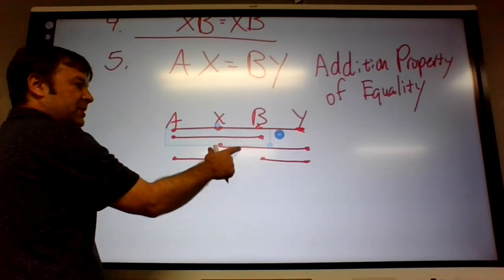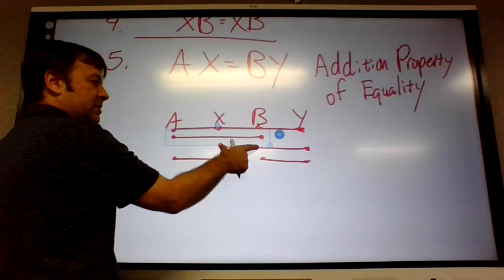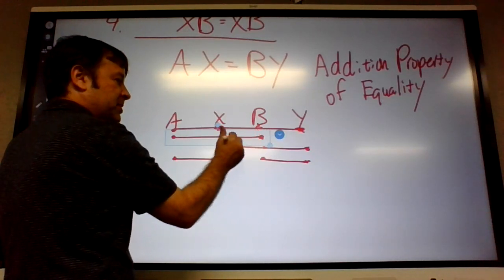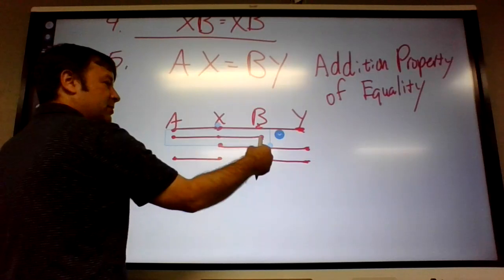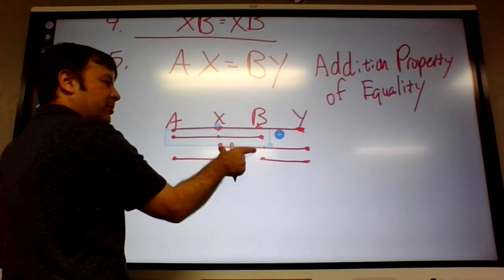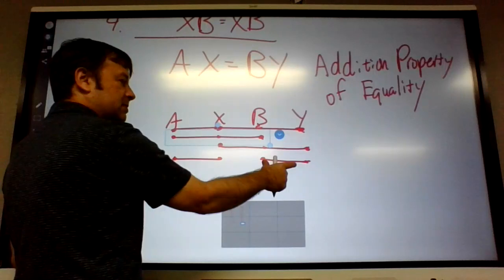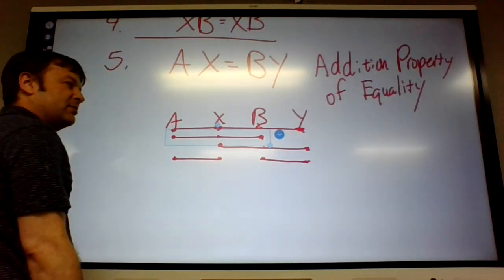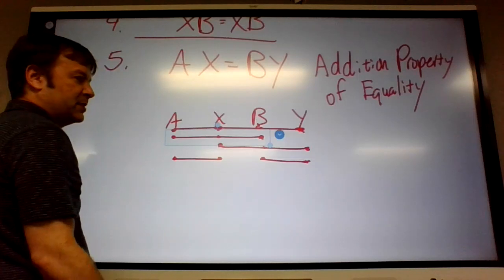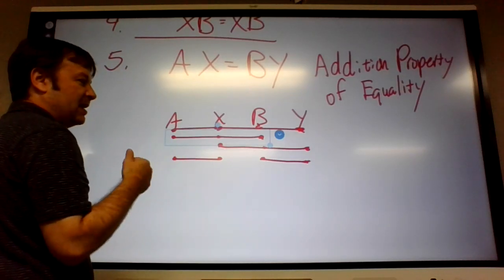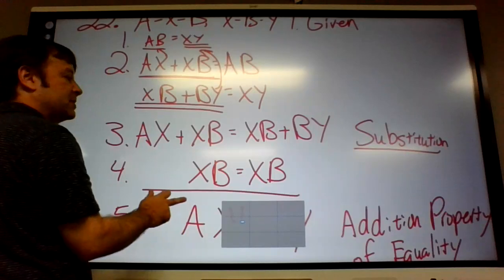Because if these two segments are equal and you cut off XB from both of them, then the remainder should be equal. So that's kind of what the proof just said. It's kind of complicated. Not all proofs are this complicated, but like I said, you kind of have to see these a few times to get the hang of it.